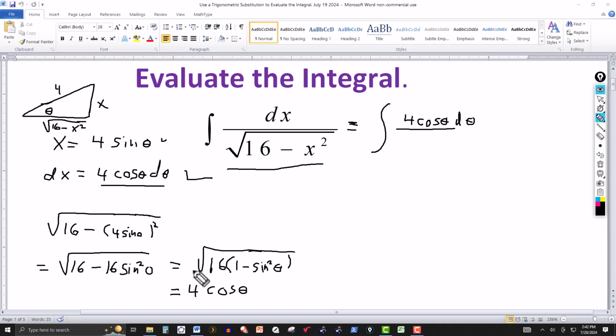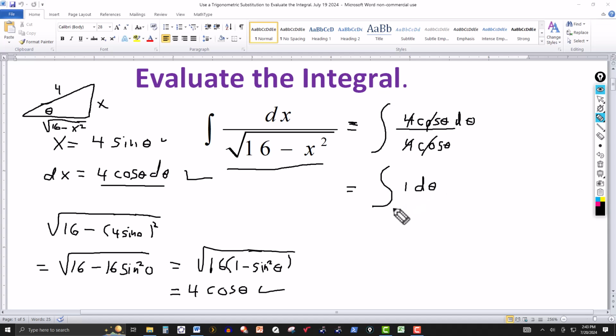The square root of 16 minus x squared simplifies to 4 cosine theta. So this one works out nicely. The cosine theta and the cosine theta cancel out, the 4s divide out, and that simplifies to the integral of d theta, or we can say 1 d theta.